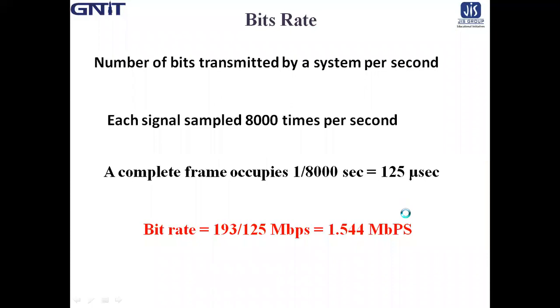Next is the bit rate calculation. Each signal is sampled 8,000 times per second, so that a complete frame occupies 1 by 8,000 second, that is 125 microseconds, required to transmit a complete frame, and in a complete frame, a total of 193 bits are present.